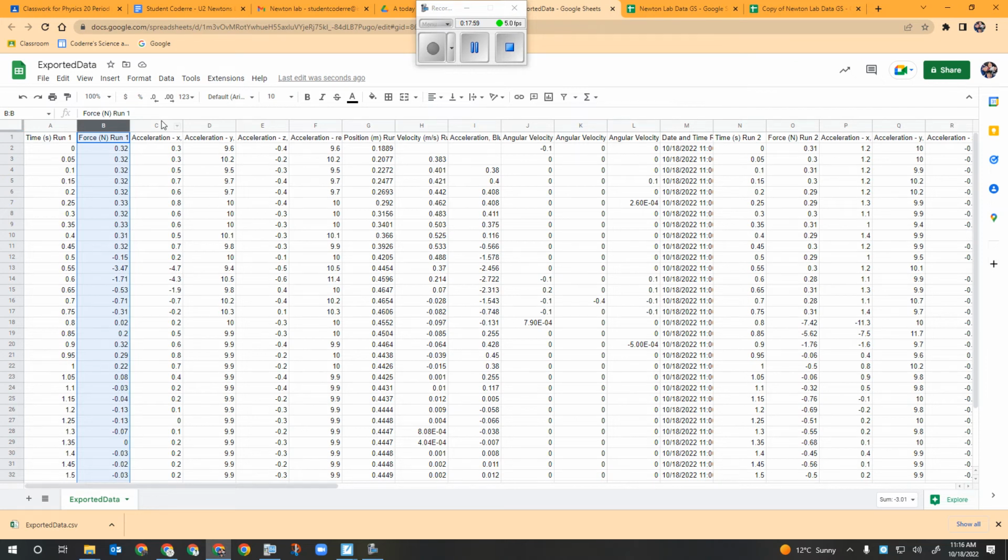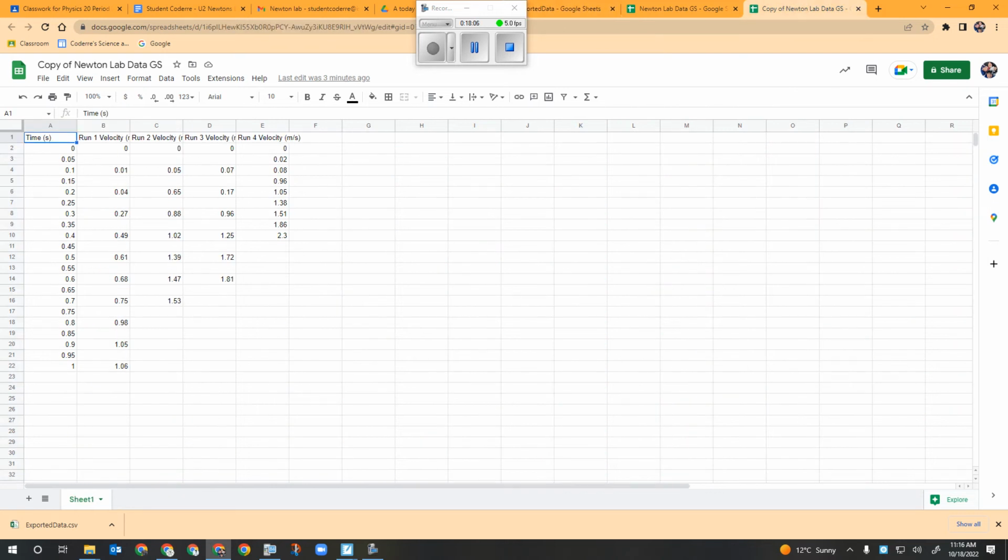What you should end up with when you're all done is this. When you get to this, build a velocity versus time graph. Now I know I'm probably ahead of a bunch of you, and I apologize for that, but we're going to have to. I can't do that one here either.